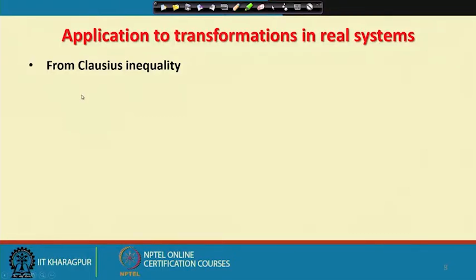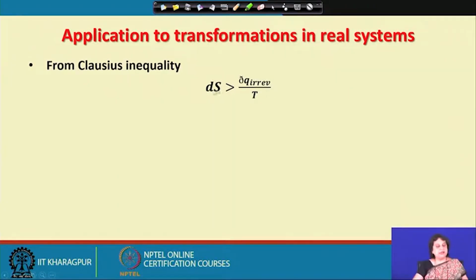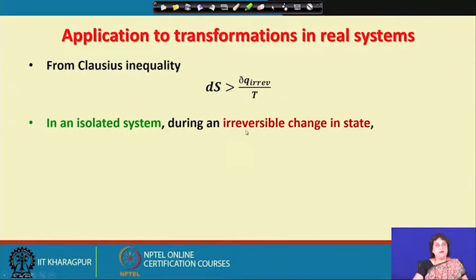Now, this mathematical relationship is perhaps best understood when we apply it to a real system. So, let us have a look at what it means by applying the Clausius inequality to a real system where a spontaneous process is happening. The Clausius inequality tells us that dS should be greater than dq irreversible by T. Now, if I have an isolated system, will there be any heat exchanged between the system and the surroundings during this change in state?